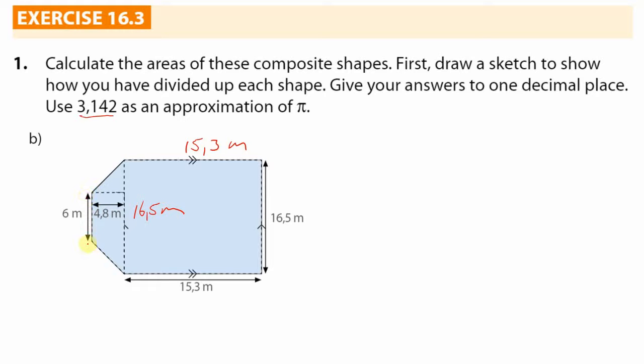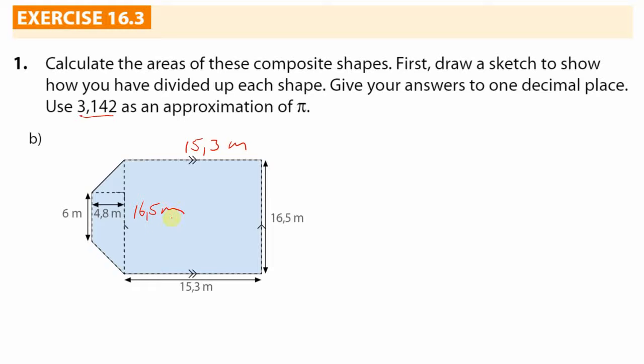We have the length of this, the shorter side. We have now the length of the longer side due to the properties of a rectangle, and we have the perpendicular height, the distance between the short and the long side of the parallel sides of the trapezium.